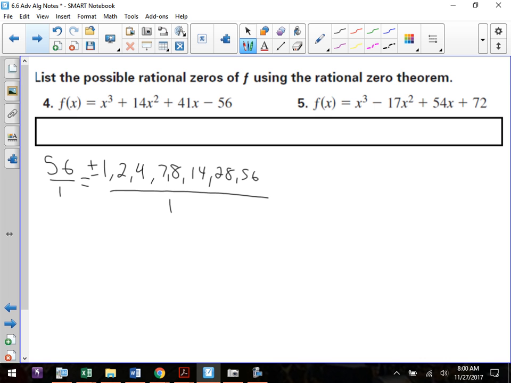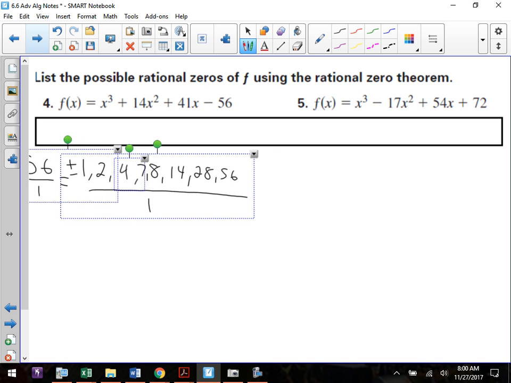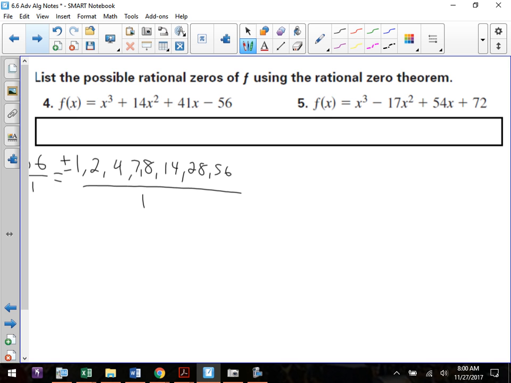All right. What do you do with 72? 72s are kind of annoying because there's a lot of numbers that go into 72.